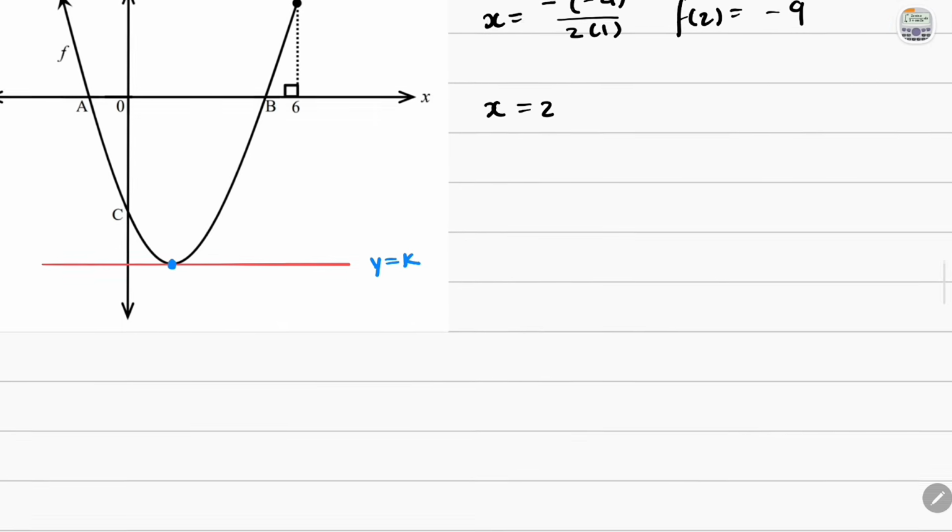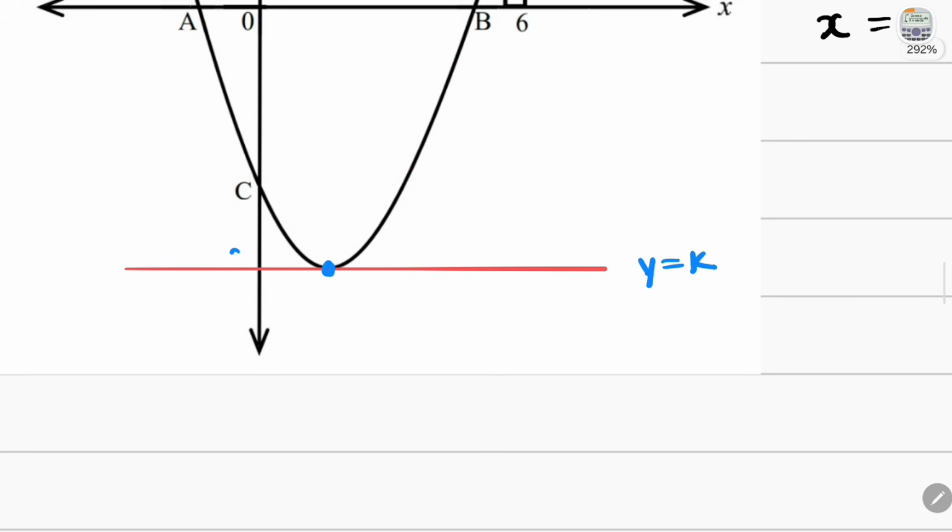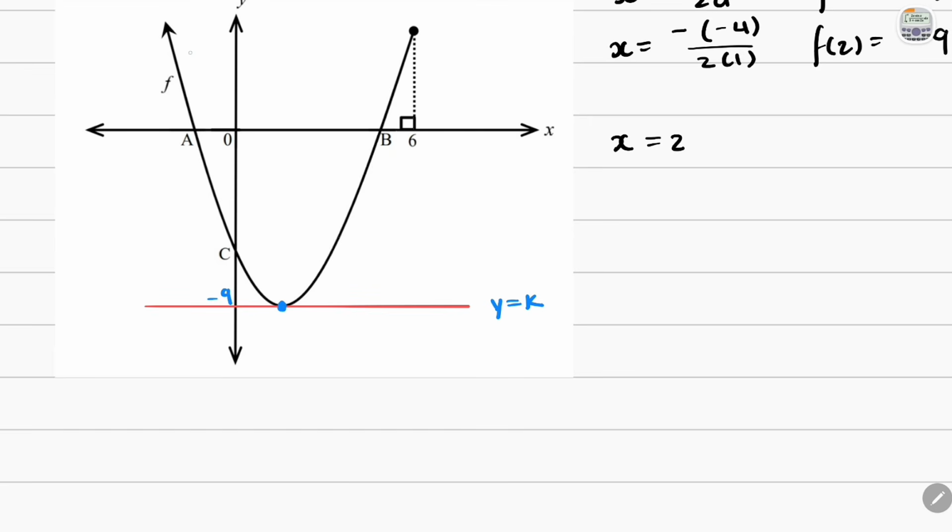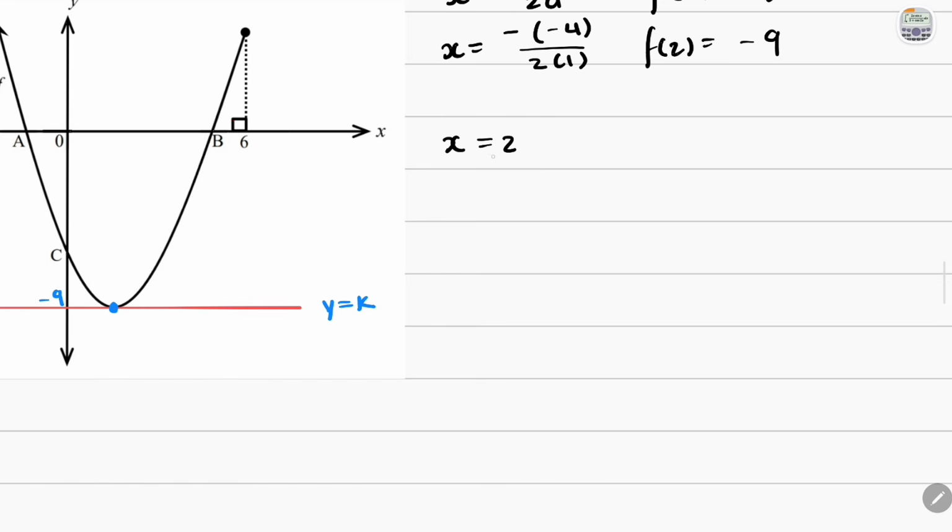So we know what k is here, okay? When k is equal to -9, then this line is going to intersect with the parabola once. So it has one real root, okay? So here we can say we know that this is where k is equal to -9.